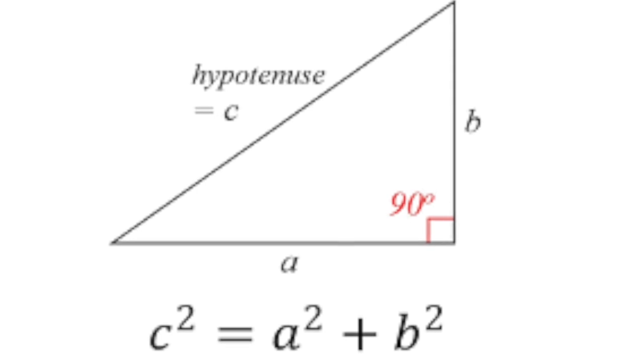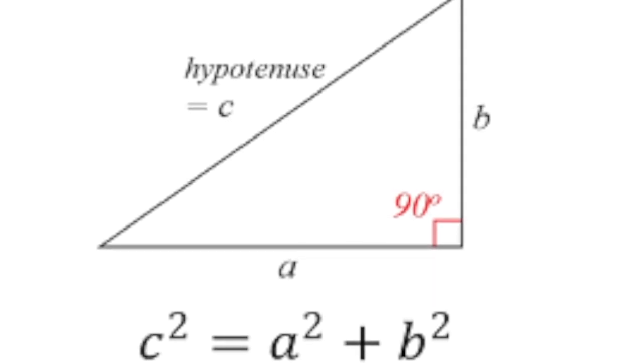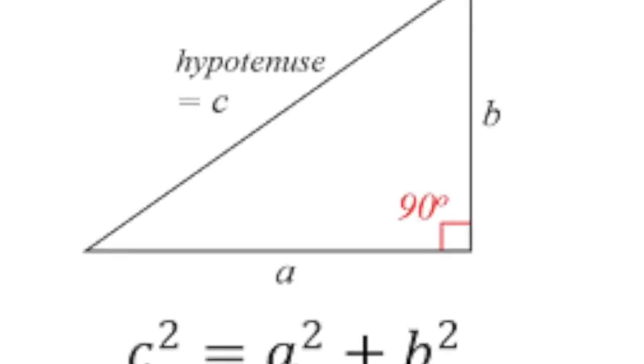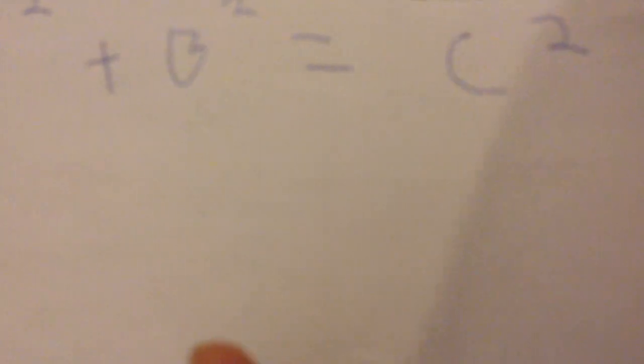But first, I need to make sure you remember something called the Pythagorean theorem. A squared plus b squared equals c squared.